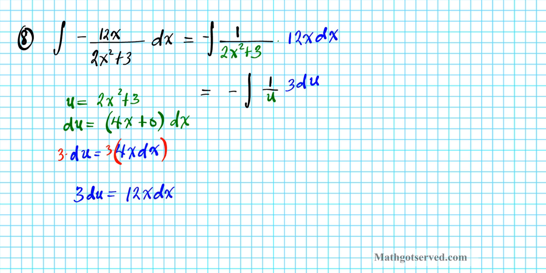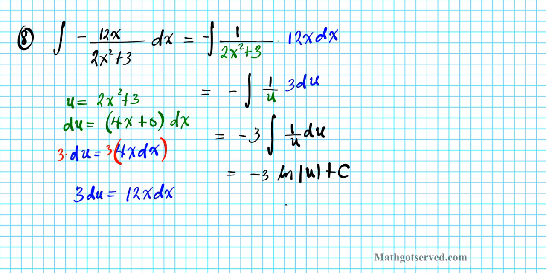All right, now let's factor out the 3 so we can integrate 1 over u. So we have negative 3 times the integral of 1 over u du. Okay, so the antiderivative of 1 over u is ln u. So this is going to become negative 3 times the natural logarithm of the absolute value of u plus c.